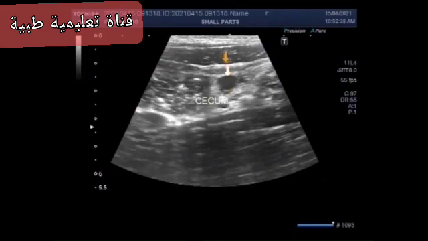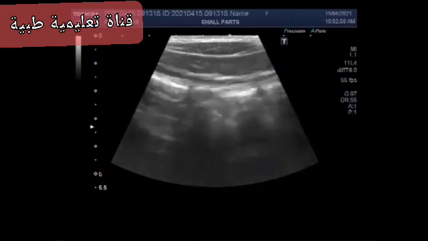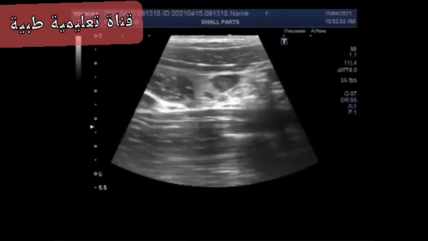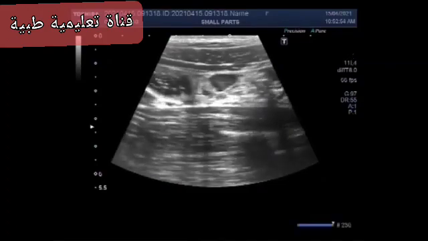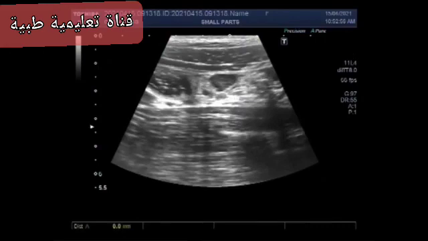If the bowel wall layers, particularly the echogenic submucosa, are lost, it is suggestive of perforation. Now you can see another lymph node near the cecum and the omentum.